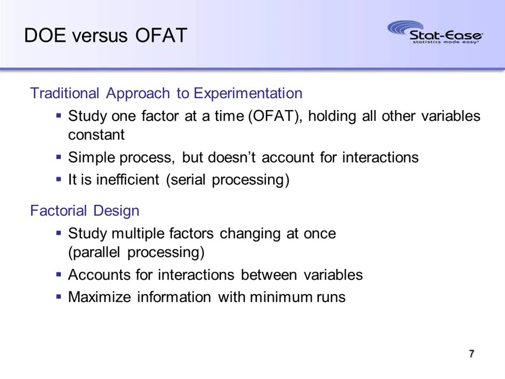The traditional approach to experimentation is one factor at a time. Sometimes we call that OFAT, while we hold everything else constant. This is a simple approach, but it doesn't account for interactions.